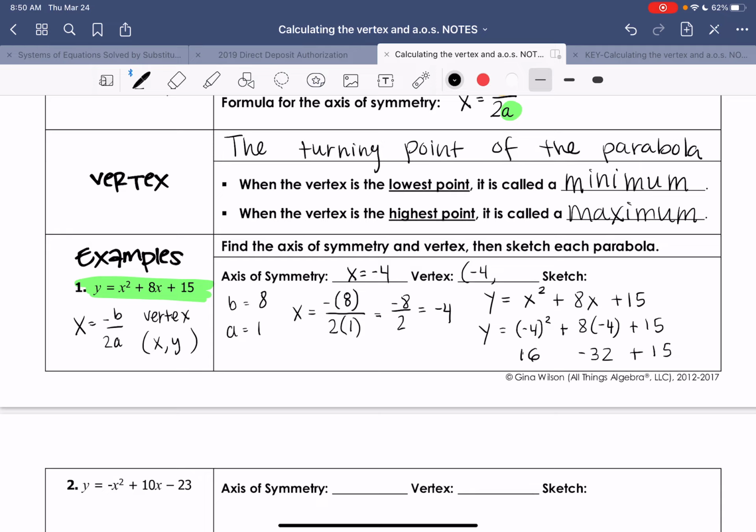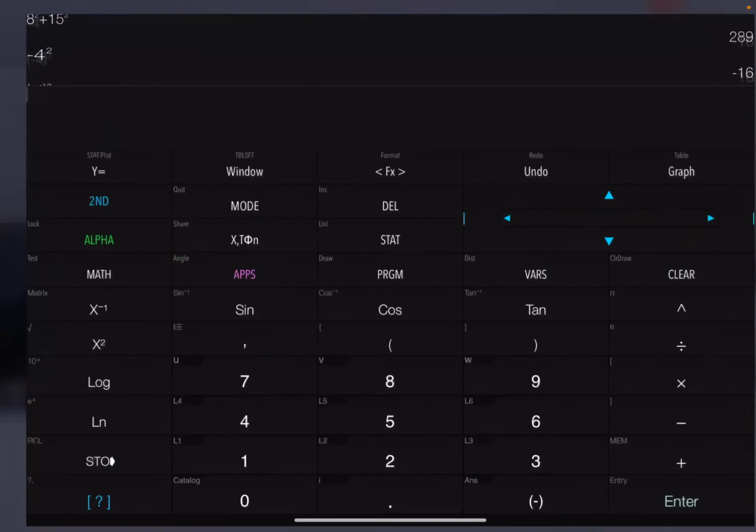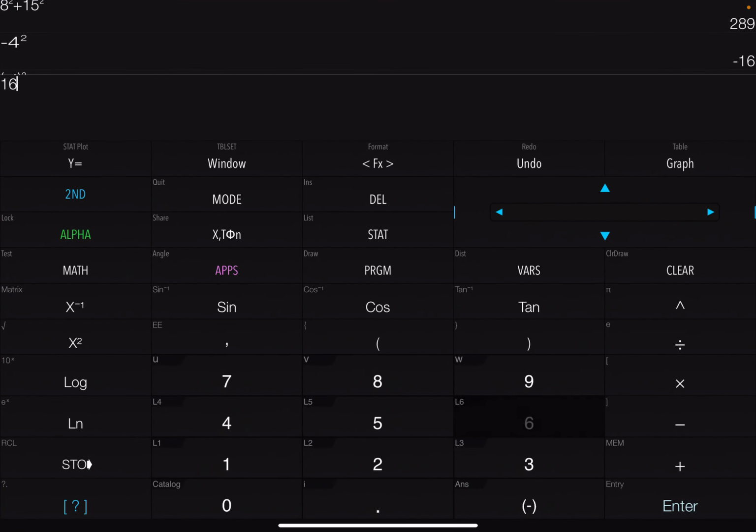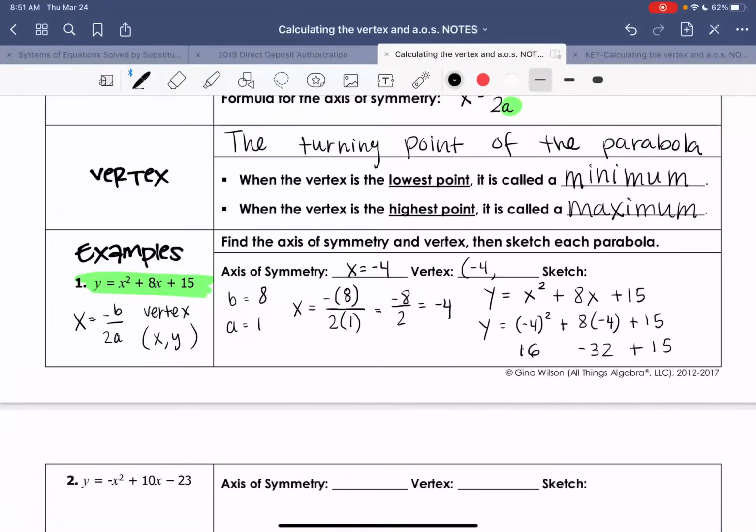So then on our calculator or in your brain, you can say 16 minus 32 plus 15. So we have -1. So we ran out of room here. Y is equal to -1.